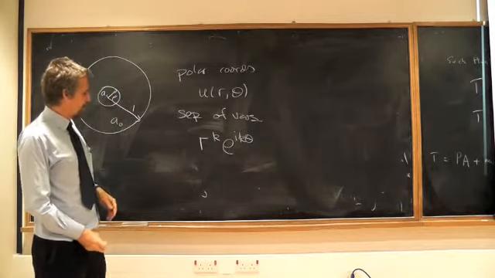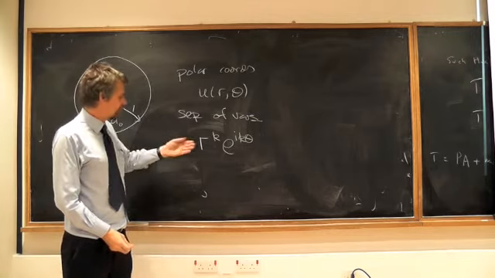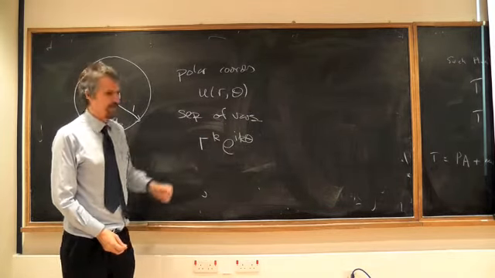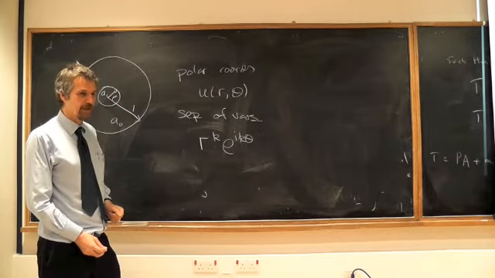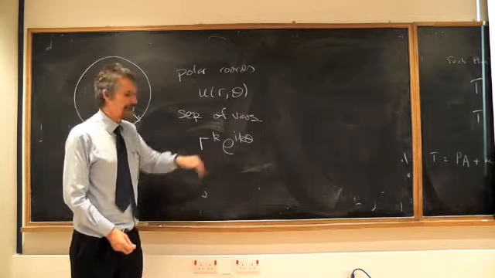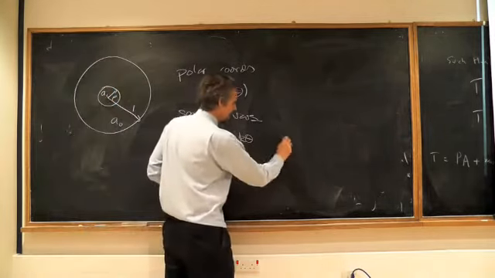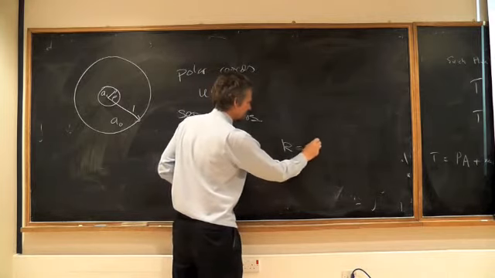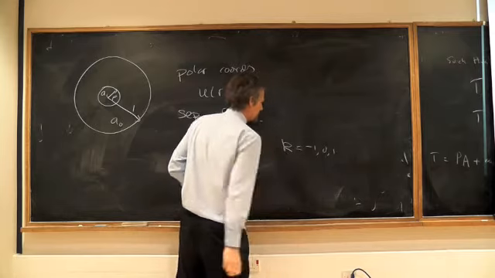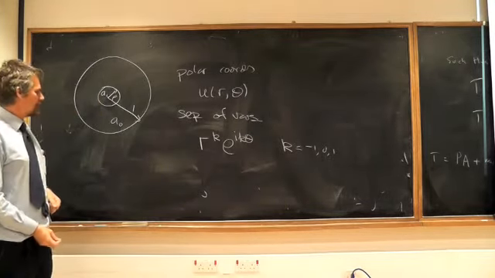So, in other words, when you separate variables, you get an ordinary differential equation for r, an ordinary differential equation for theta. The one for theta is just simple harmonic motion. And you find that this number k has to be an integer, any integer, positive or negative.